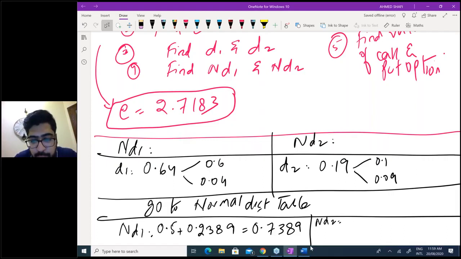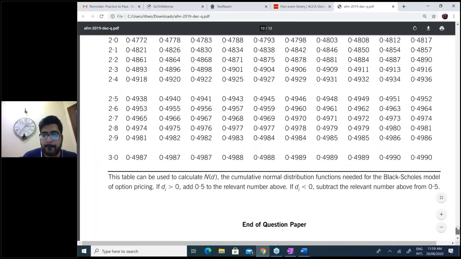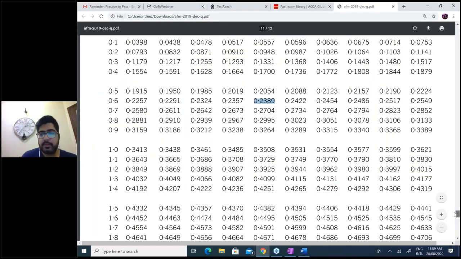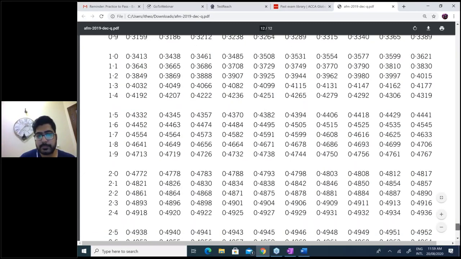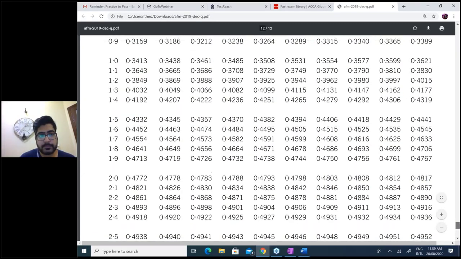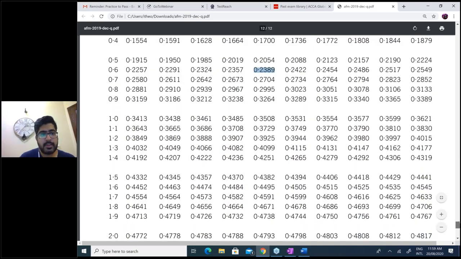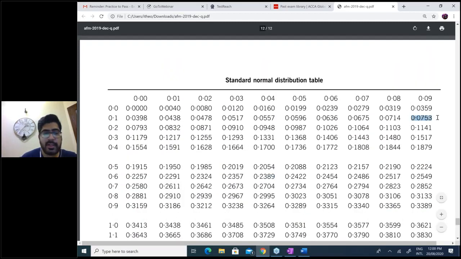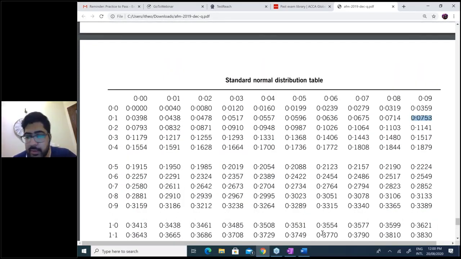And please pay attention. For ND2, what was D2? 0.19. Break it into 0.1 and 0.09. So at the intersection of 0.1 and 0.09, you are getting 0.0753.